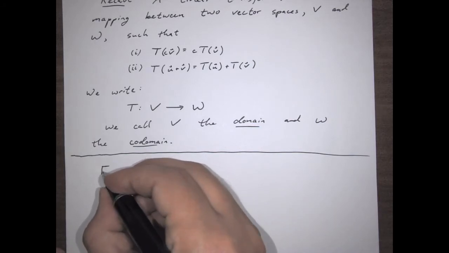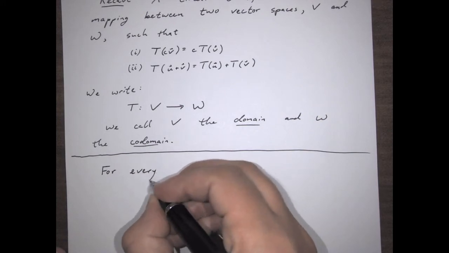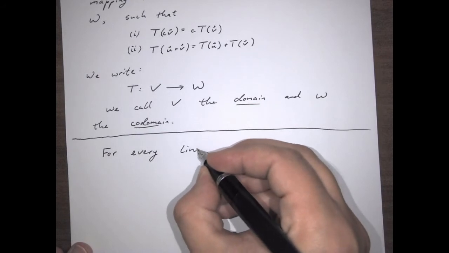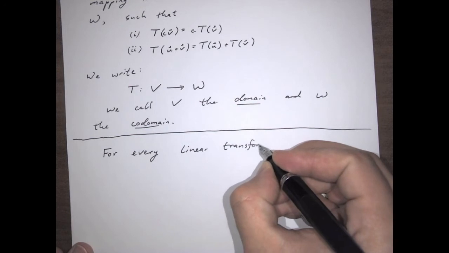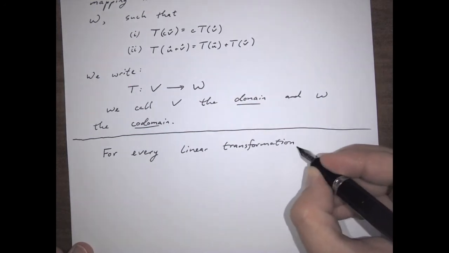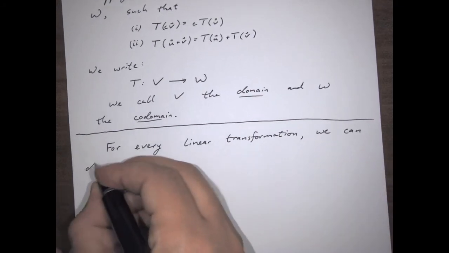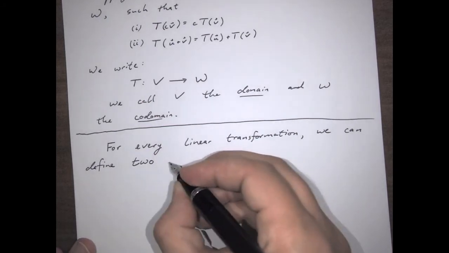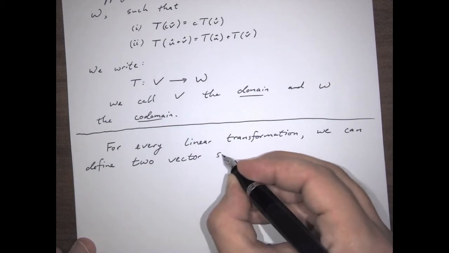So for every linear transformation, we can define two vector subspaces.